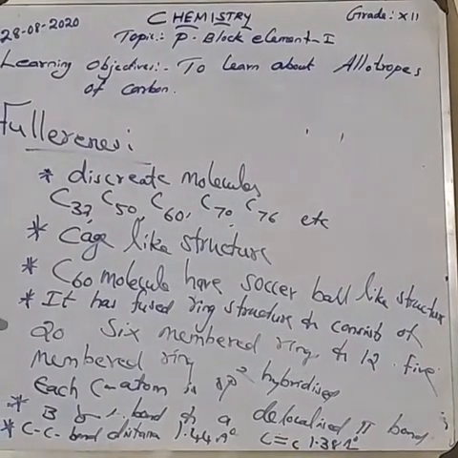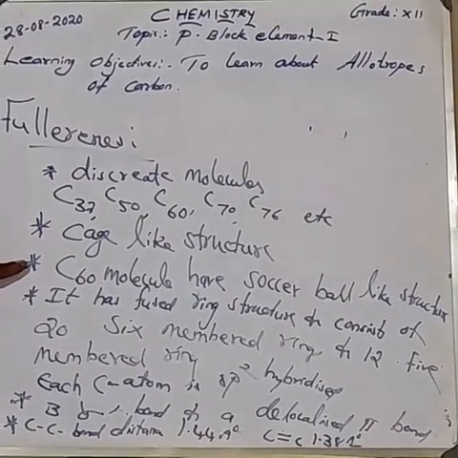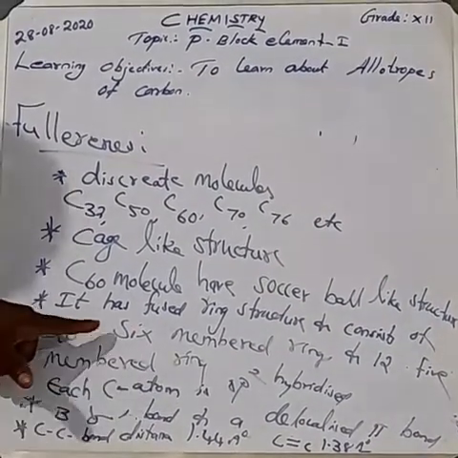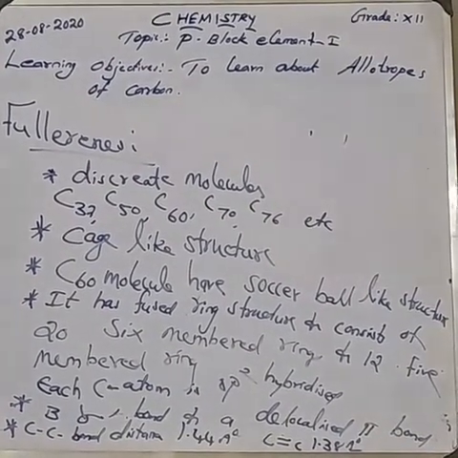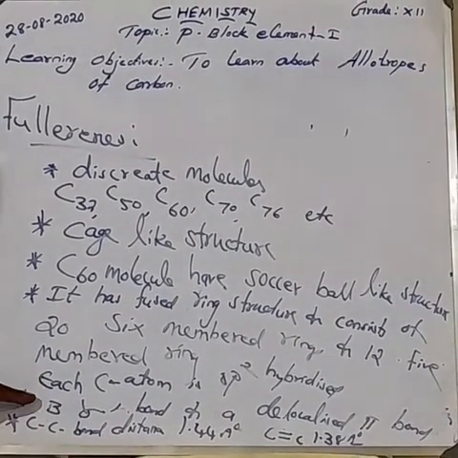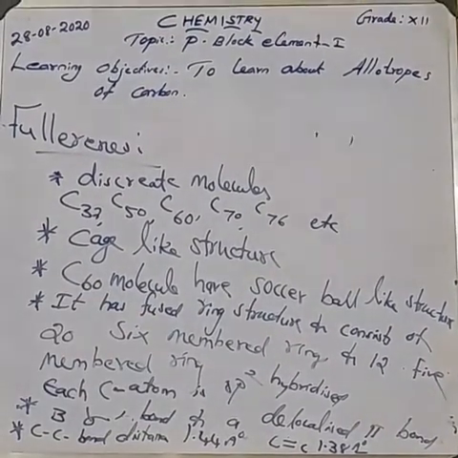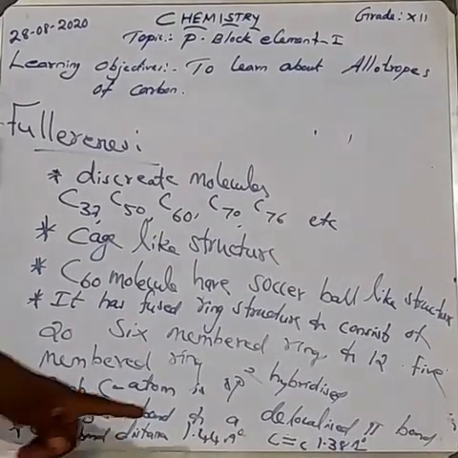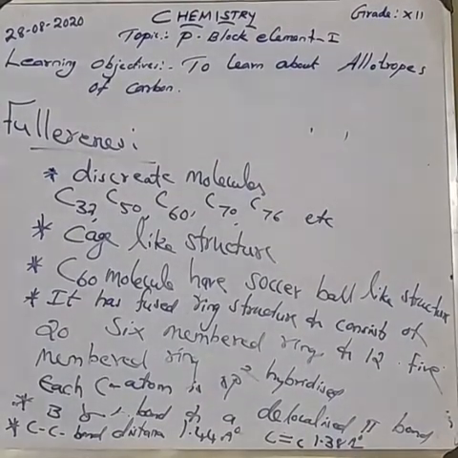It has a fused ring structure and 20 six-membered rings and 12 five-membered rings. Each carbon atom is sp2 hybridized and has 3 sigma bonds and a delocalized pi bond. Carbon distance is 1.44 angstrom and carbon double bond carbon is 1.38 angstrom.